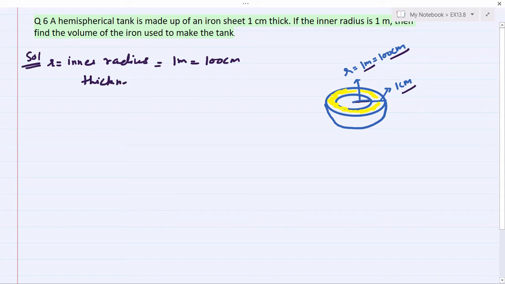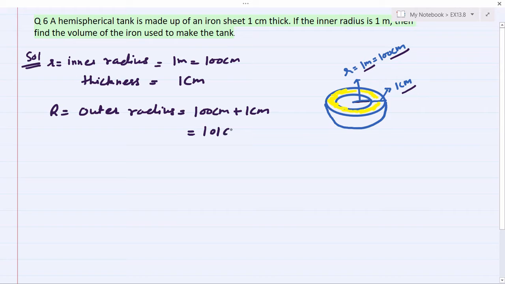And the thickness is 1 centimeter. So outer radius, you can represent by capital R. Outer radius equals inner radius plus thickness. So this is 100 centimeter plus 1 centimeter, so this is 101 centimeter, right?